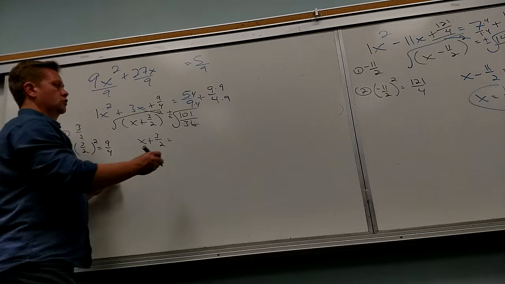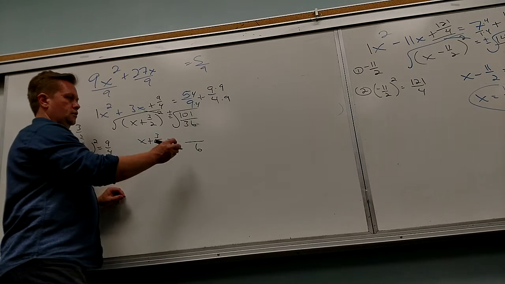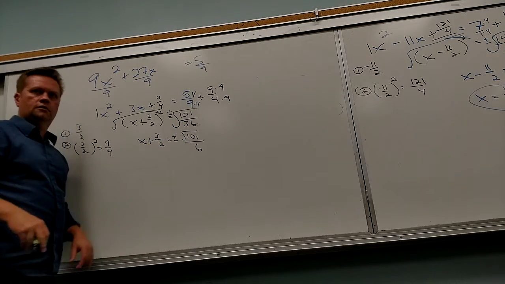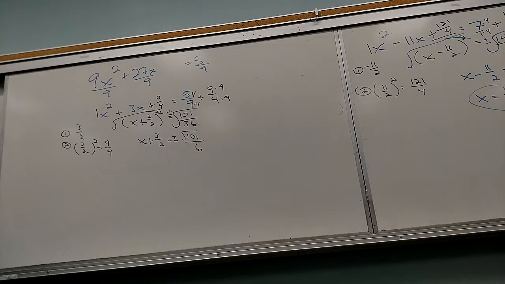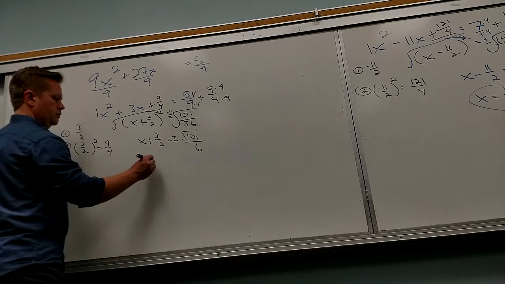Square root those numbers. Like 6 on the bottom. And then the last step, subtract 3 halves. So it really just kind of goes right there in front.